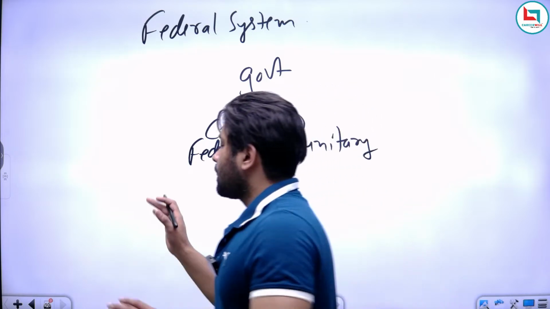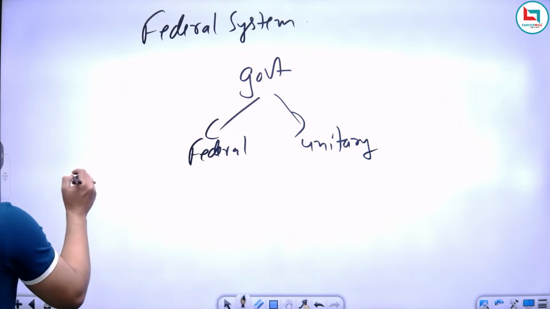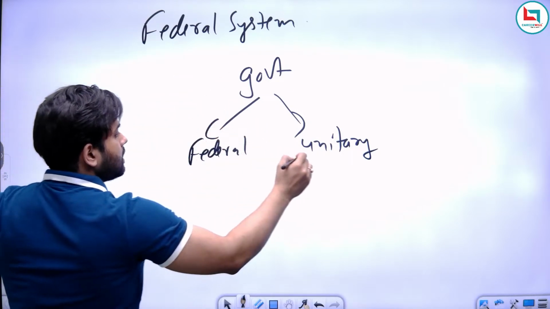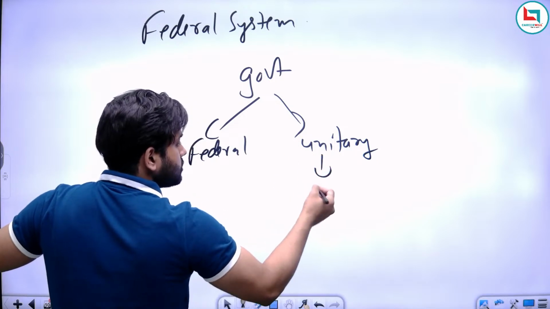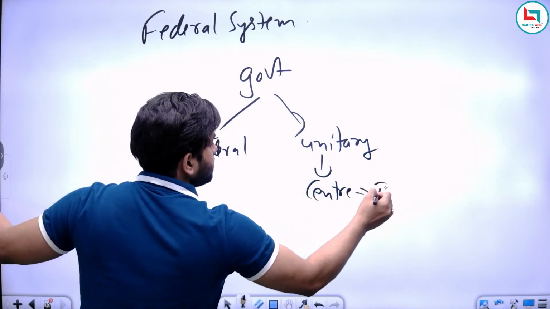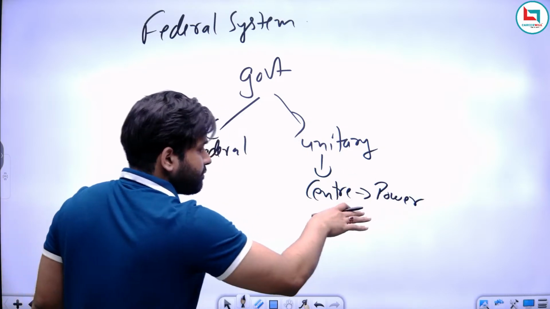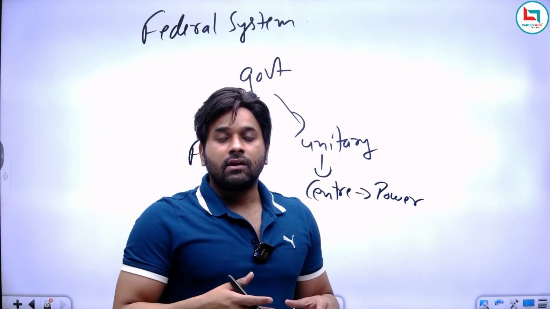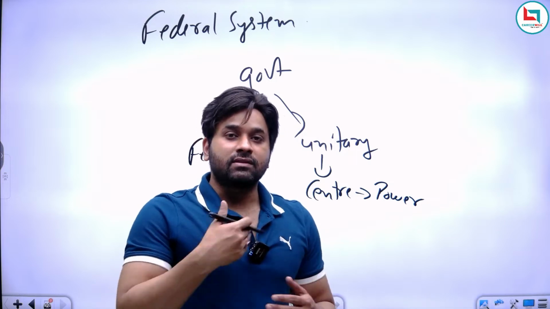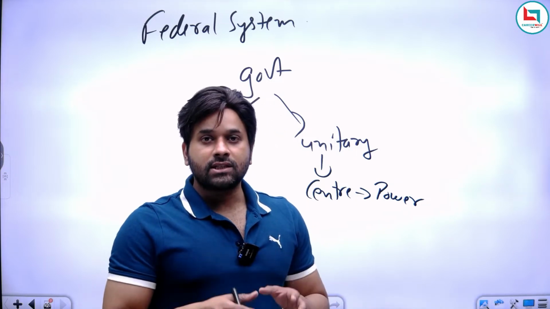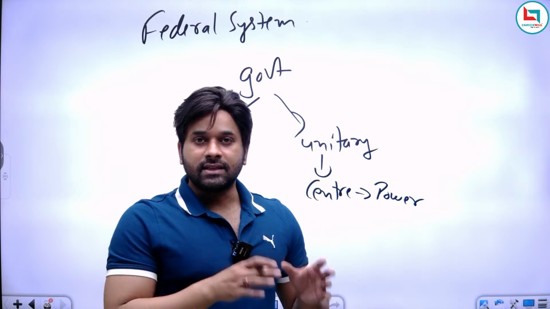Now let us see. If in a country all the power is with the center, then such a system is called unitary. So in unitary system, all the powers are with center. And if state government exists in such a country, then the state government derives its power from the central government. So state governments are at the mercy of the center.